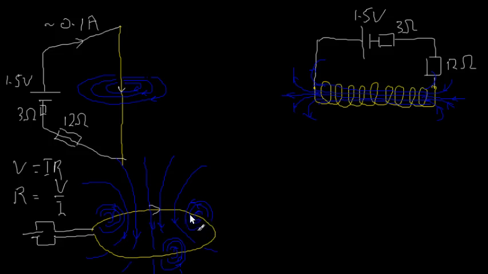And if you find that you can wrap your four fingers around the direction of the current, then your thumb would point in the direction of the magnetic field, just like you would do it for a solenoid.